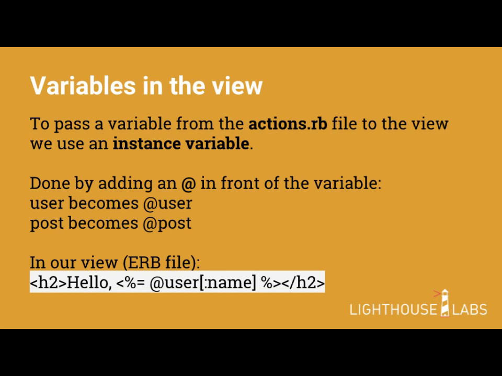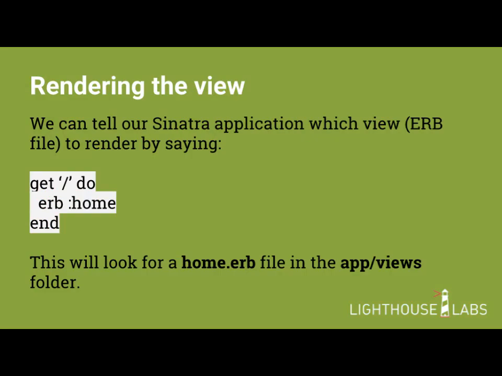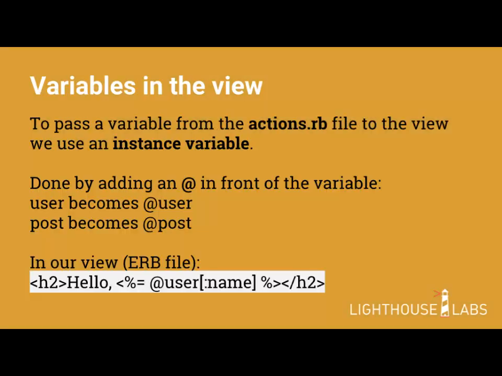So, here's the problem. Now we're going to bridge a gap. We're getting data in our actions.rb file. Somehow we've got to get that data, be it from the database or maybe it's data we're hard coding today, and we've got to provide it to our views. To do this, we use what's called an instance variable.